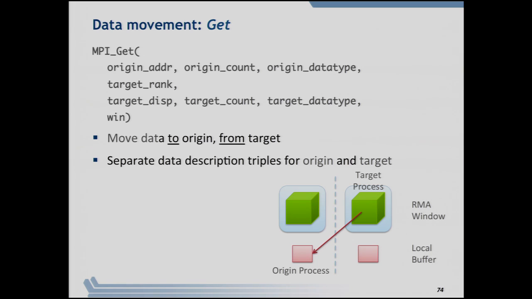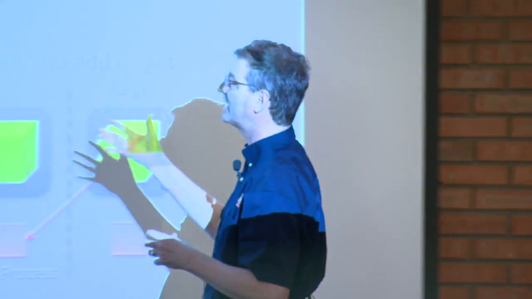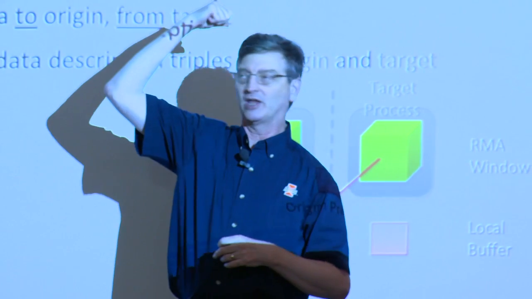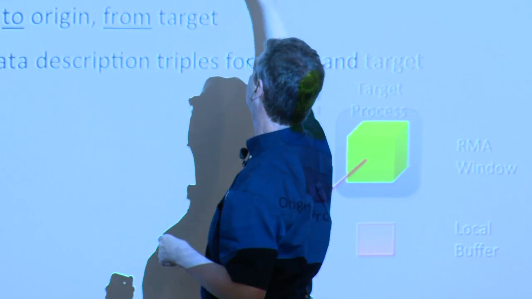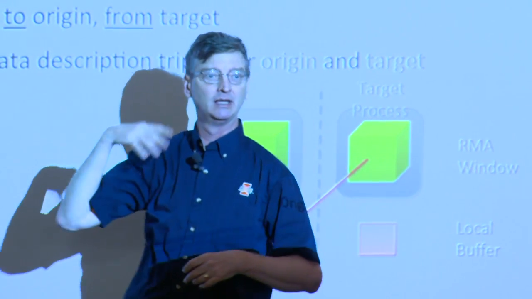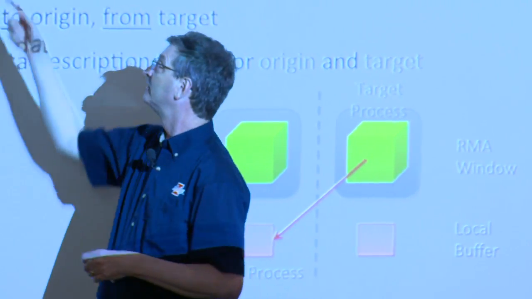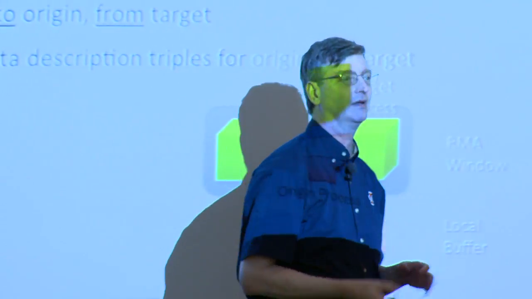That's a lot like the data you'd have on a send. If you force the send to happen at the other process, you'd have, I'm sending so many items of a current datatype from some address in memory. Well, instead of an address in memory, you have a displacement from the beginning of the window, relative to this displacement unit.